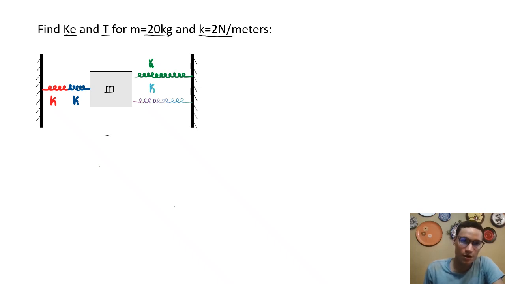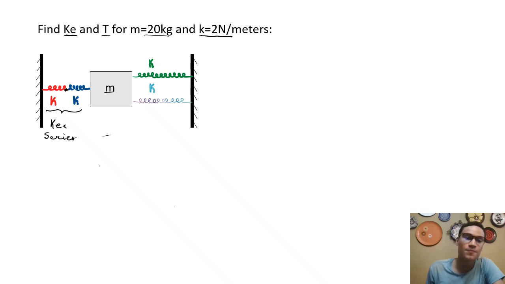We can work the springs as if they were capacitors in a circuit. So if we have these two springs, and we observe that they are in series, we can say that this is K equivalent 1, of the springs in series.